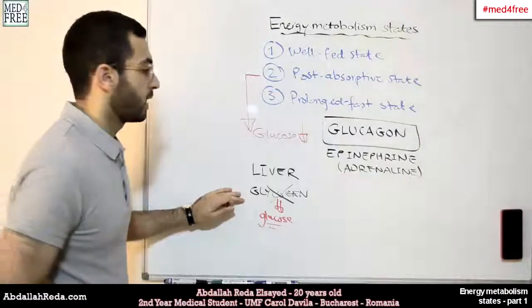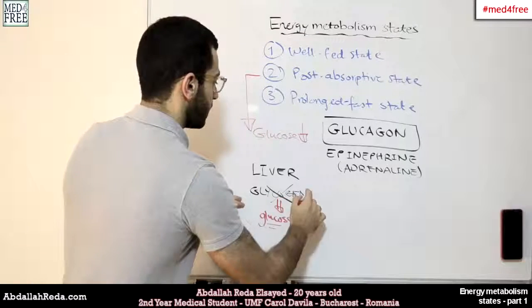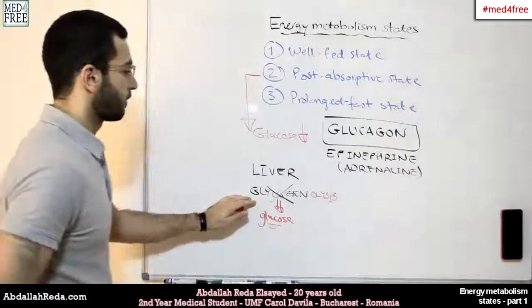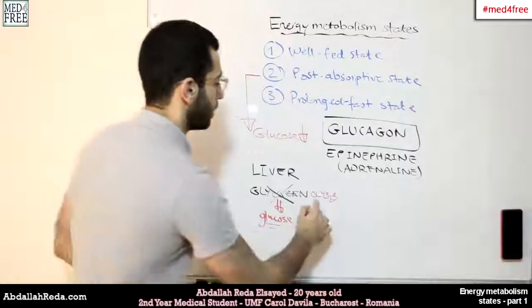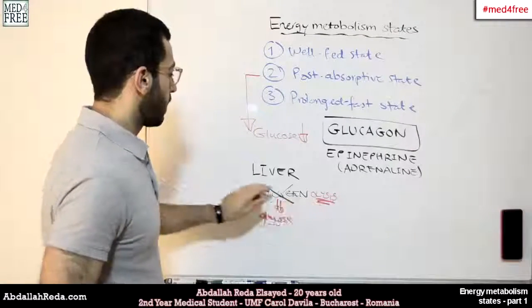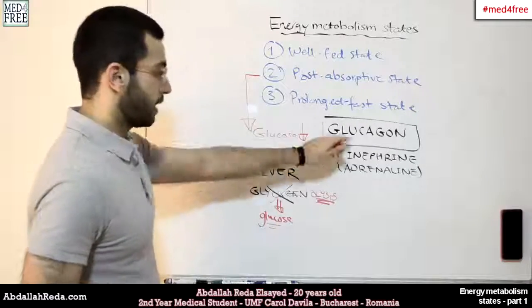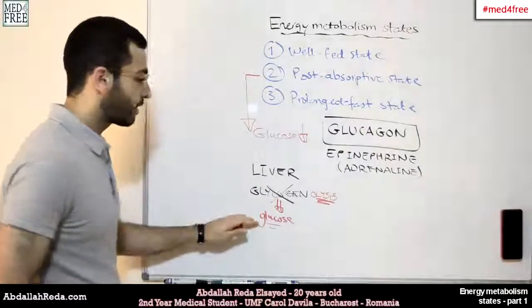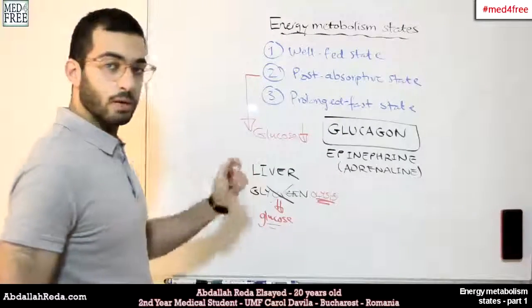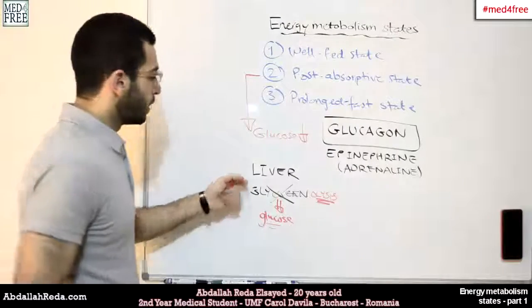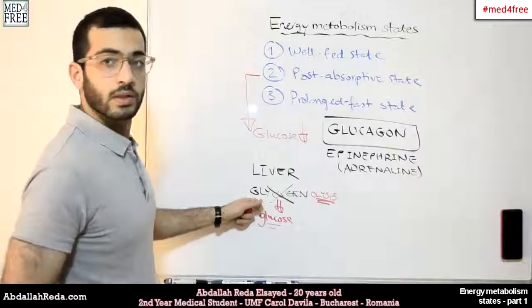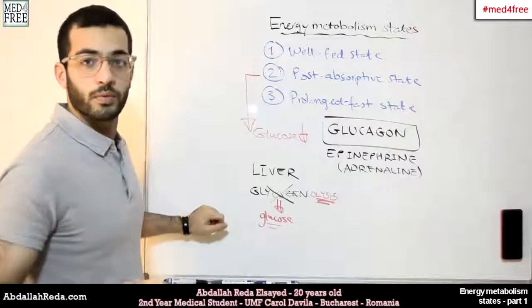And it's worth mentioning that the process of glycogenolysis, lysis meaning the breakdown, is triggered by the action of glucagon, and at the same time we have gluconeogenesis, which is also triggered by glucagon, but the response of the liver to the order to perform glycogenolysis is faster than the order to perform gluconeogenesis.